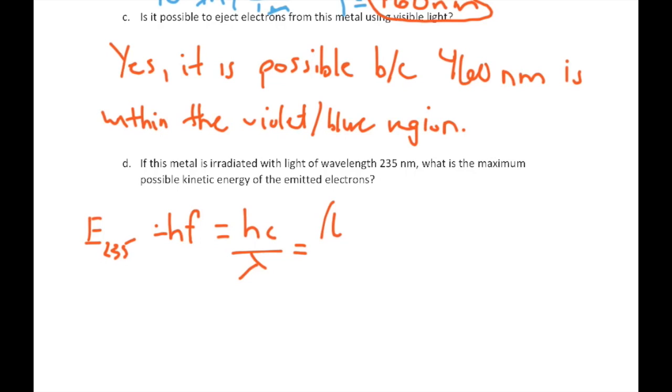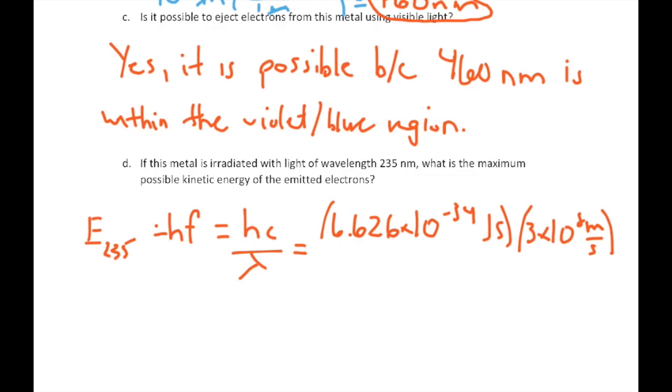So we will have our Planck's constant times speed of light divided by the wavelength. So 235 times 10 to the -9th meters.